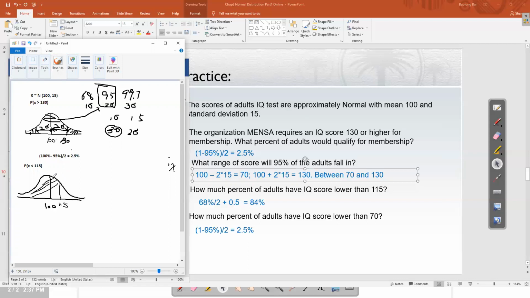So then once you find the shaded area, we're going to need to determine which rule to use. And to determine which rule to use, we're going to find the distance from the center to the boundary of the event. So from 100 to 115, the distance is 15, right? And that's how many standard deviations away?